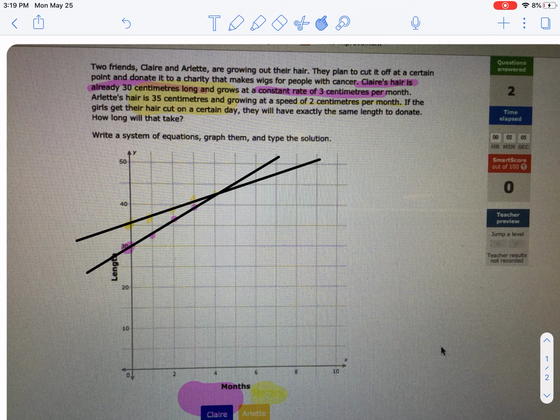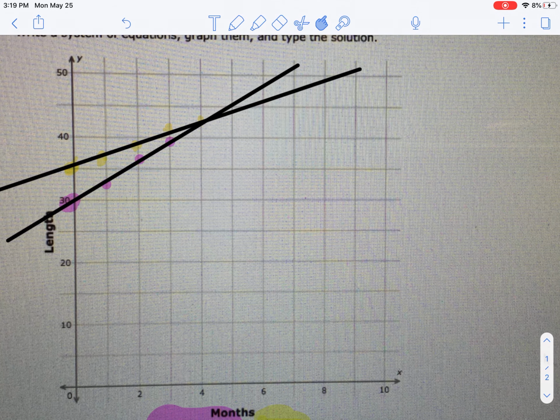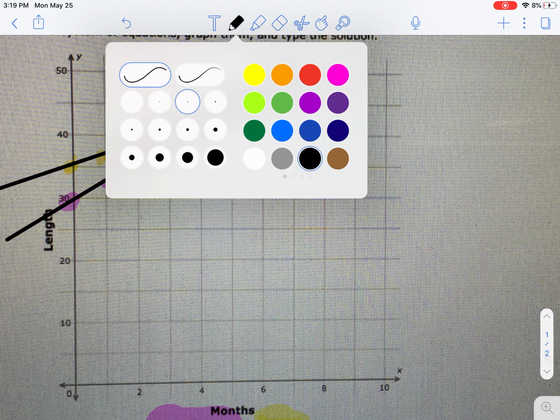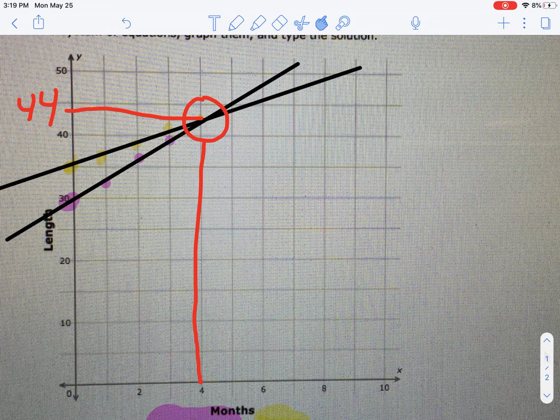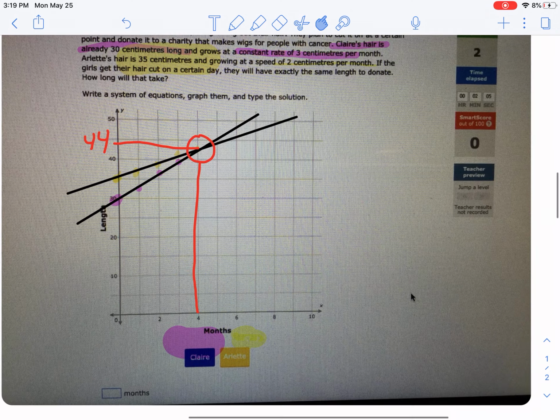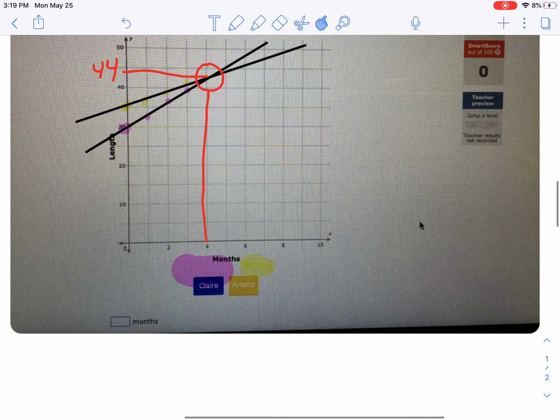So we'll zoom in a little bit. So you can see the lines cross here at 4 months, and it looks like about 44 inches. Okay, so it looks like they would be the same length at about 4 months.